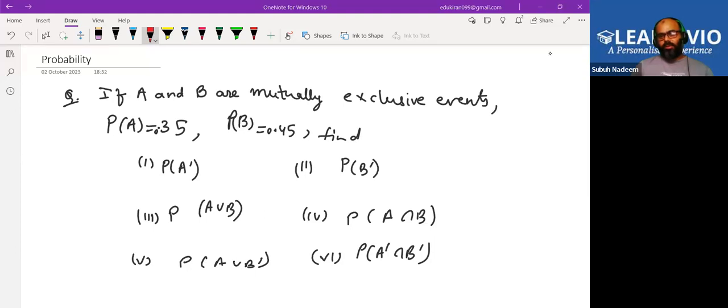I joined late, that's why I missed some things. Have you done middle term? Sir, I don't know about that. Fine, so we'll do binomial. You just complete this question, then we'll do binomial.